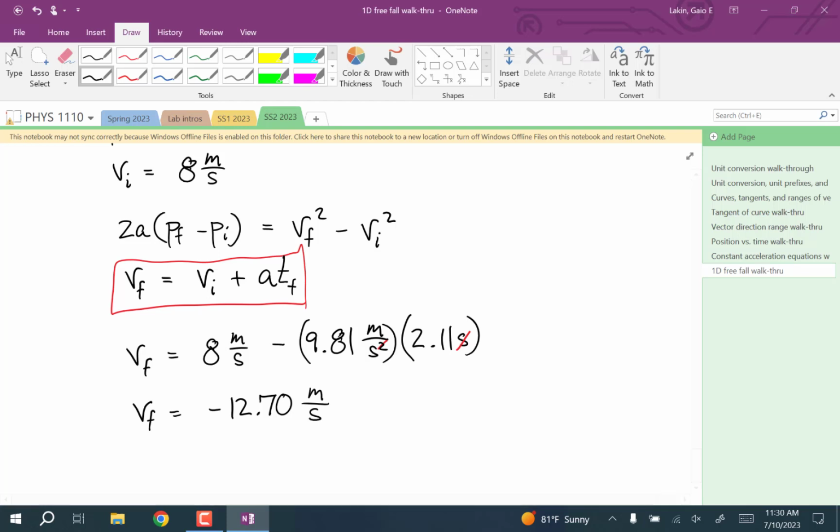As a sanity check, think for a second, does it make sense that we're getting a negative answer for this final velocity? It does make sense because our positive direction is up, and when this object gets back to ground level on the way down, it's going to be moving down, which is negative.